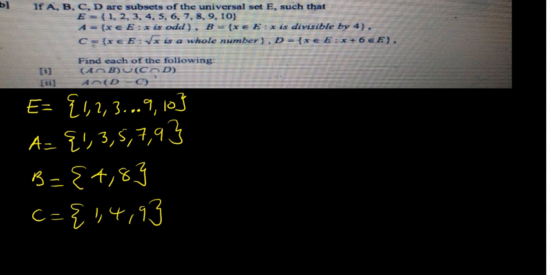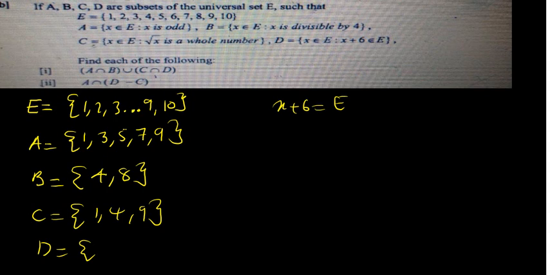And then now we can go to the set D. The set D, X is such that X plus 6 should be a member of E. So you know this X is part of the universal set, and if you get that number added to 6, it should also be part of the universal set.